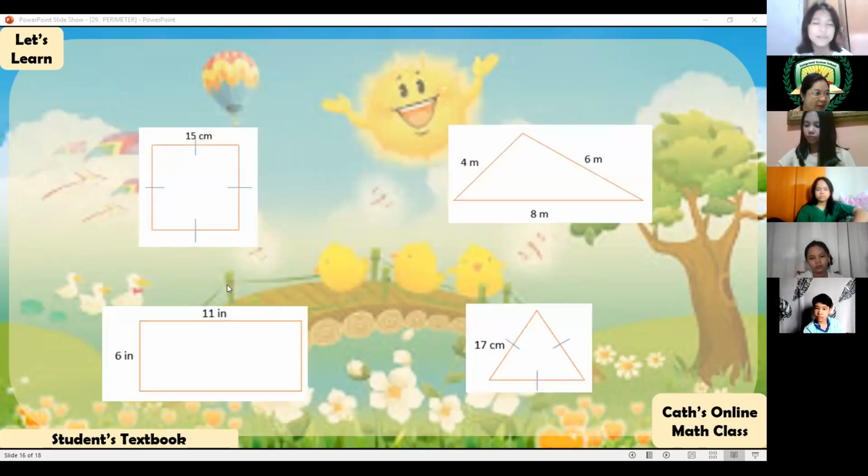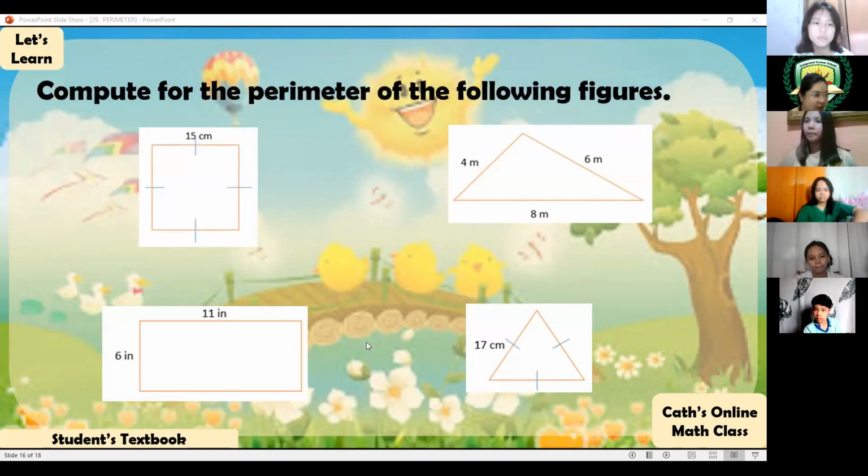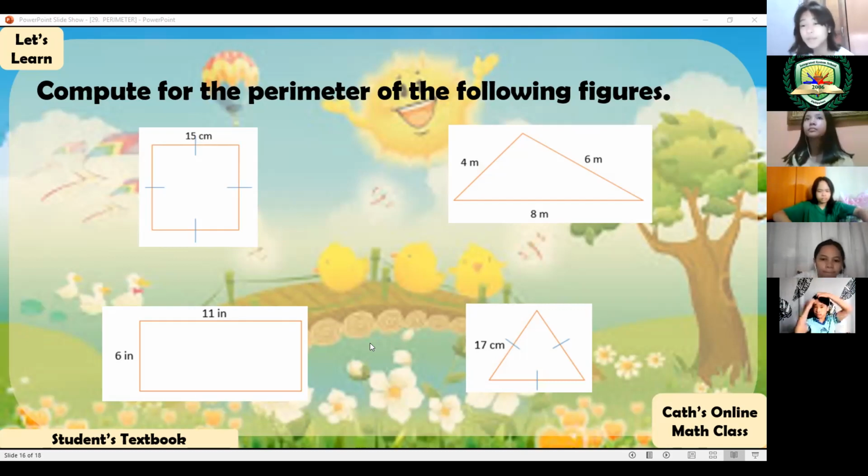Okay, let's have another one. We already have a test here. Okay, compute for the perimeter of the following figures. You need to put it in the text response.